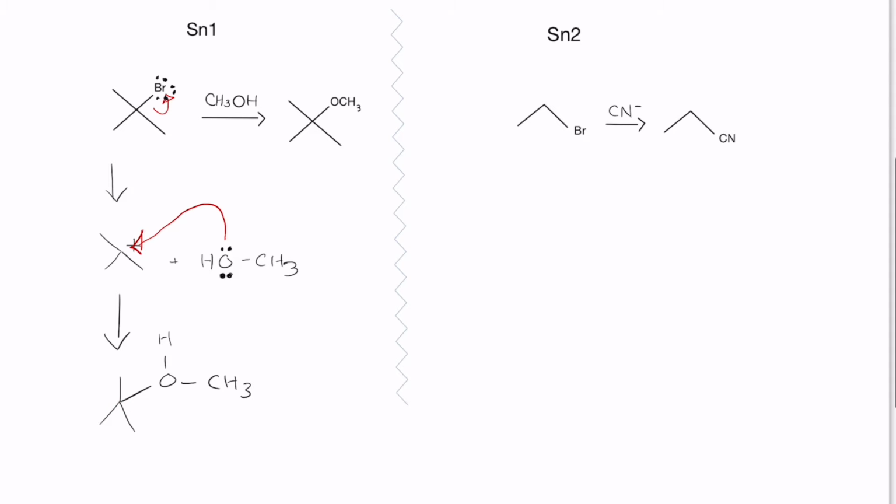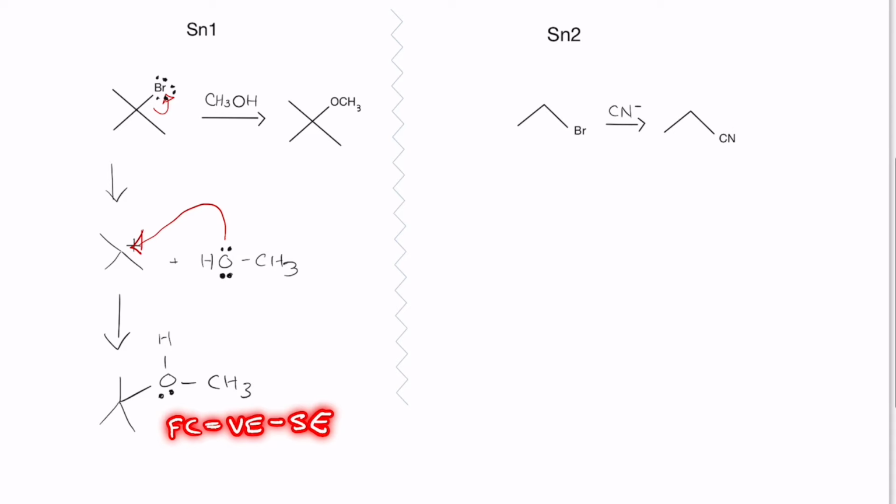And what happened to this oxygen? Well, initially it had 2 lone pairs, but it used one of its lone pairs to make that new bond. So because it used this lone pair to make that new bond, it's only going to have that one lone pair left. So if we wanted to calculate the formal charge on this oxygen atom, formal charge is going to be equal to valence electrons minus surrounding electrons.